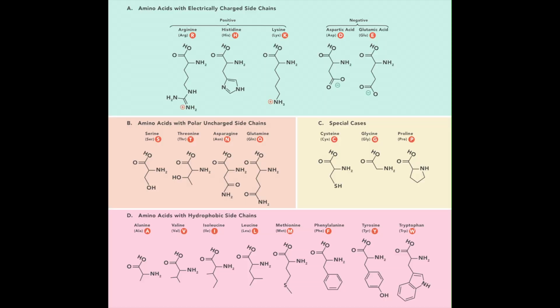But looking at the 20 canonical amino acids, what you can tell is that it depends. Even with 50% similarity, if you have isoleucine, which you can look at at the very bottom here with the hydrophobic amino acids, going from isoleucine to leucine really isn't that big of a change. They're chemically very similar.